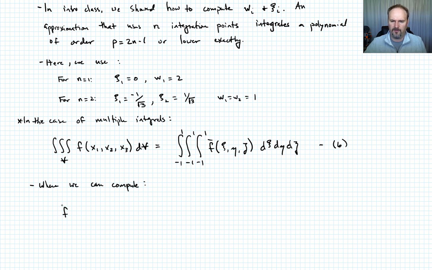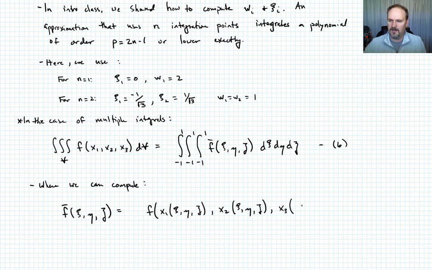We can say f bar of xi, eta, and zeta is going to be equal to, we still have what we had in the 1D case, so it'll now be x1 as a function of xi, eta, and zeta, x2 as a function of xi, eta, and zeta, and then x3 as a function of xi, eta, and zeta, right?